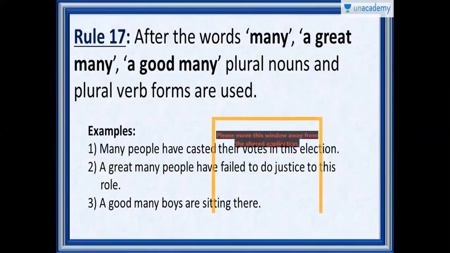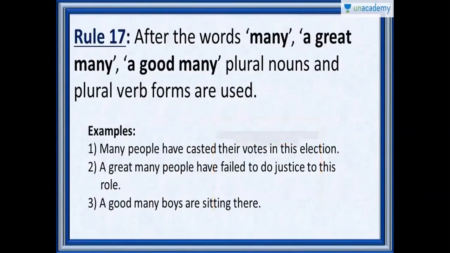But I'll tell you that rule afterwards. If many a is given, then you have to change it differently. First write this: many, a great many, a good many, are always plural, hyphen, the verb is always plural.